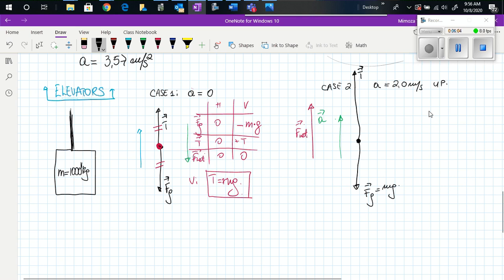Okay, because what we have here in this case is, from the vector's perspective, force net is the vectorial sum of all the forces that the object is experiencing.